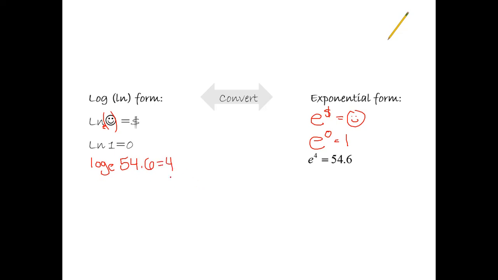So remember, logs are always the answer, is always the exponent of the exponential. Well, log base e, we know that's ln, right? So I'm just going to rewrite that. ln of 54.6 is equal to 4. So a natural log should always have an e in exponential form, and then e should always have a natural log in log form. Okay?